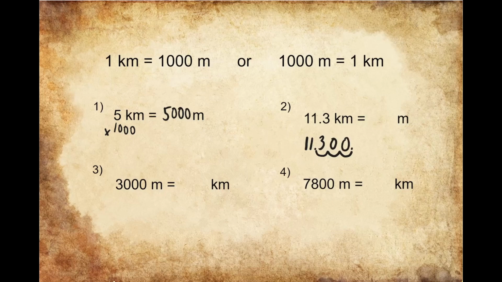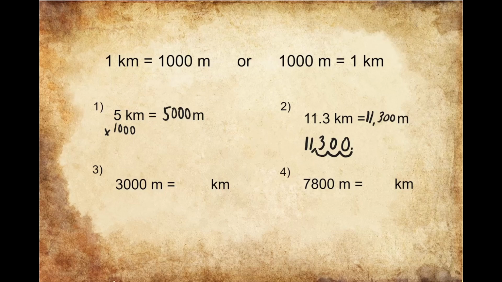So that gives us a number of 11,300. So I'm now going to turn that former decimal into a comma. So 11 and 3/10 of a kilometer converts into 11,300 meters.